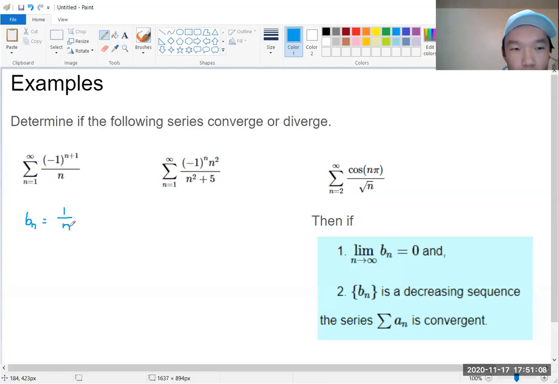Why isn't it -1 over n? Yeah, so we separate it like so. Let me write it on top here. It's the summation of n equals 1 to infinity of (-1)^(n+1) times 1 over n. That's how we separate it. So that means b of n is the 1 over n part.